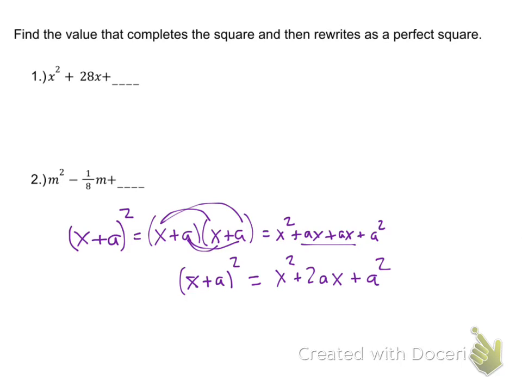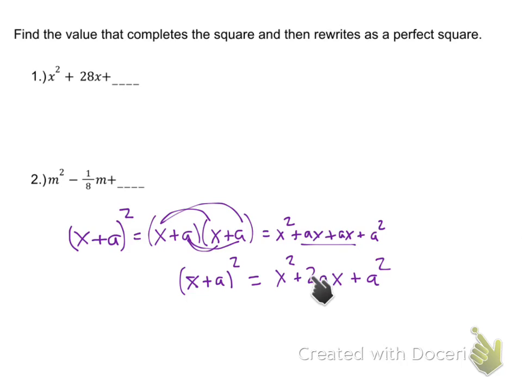Now, so look here. I have an x squared plus 28x plus something. I want, number one, find the value that completes the square, and then I want you to write it as a perfect square. I'm given an x value. I'm given a b value, a bx value. I need to find a squared.